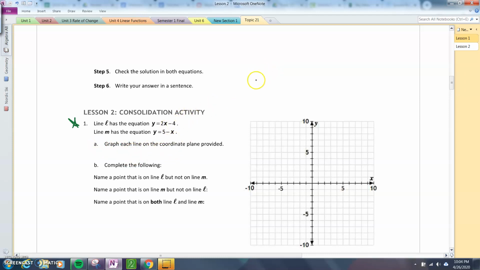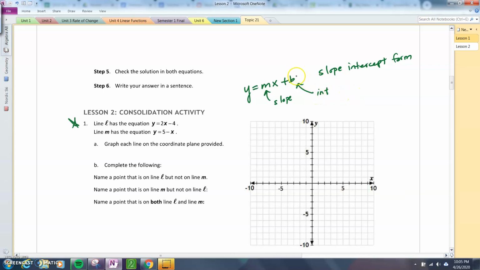If you remember, if we have something in mx plus b form, it's called slope-intercept form. We call it that because it gives us the slope, how the line moves from point to point, and then it gives us the intercept, which is actually the y-intercept.